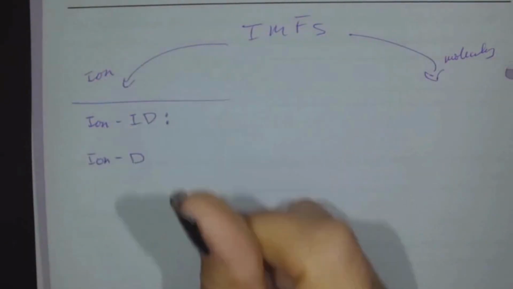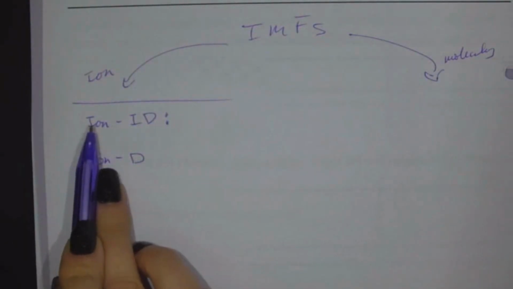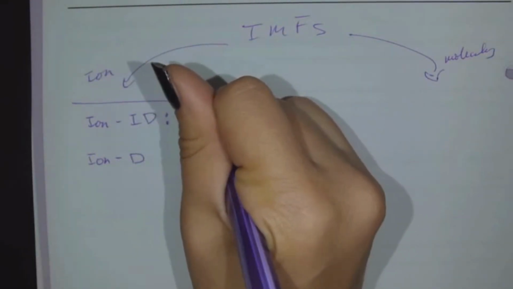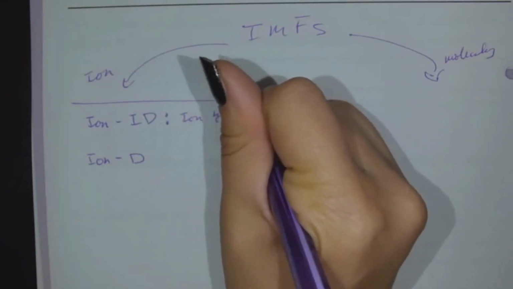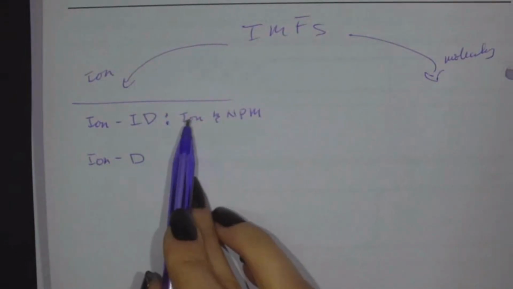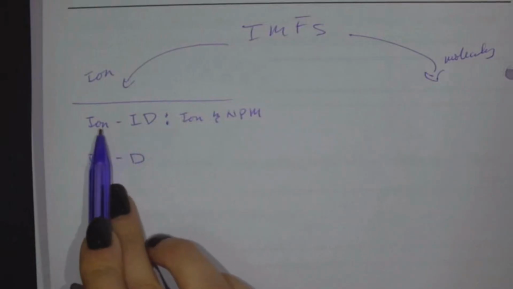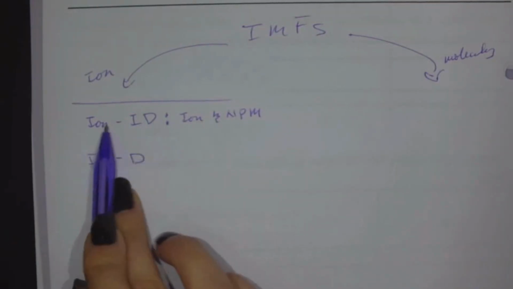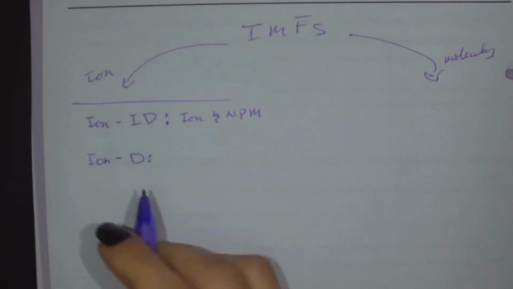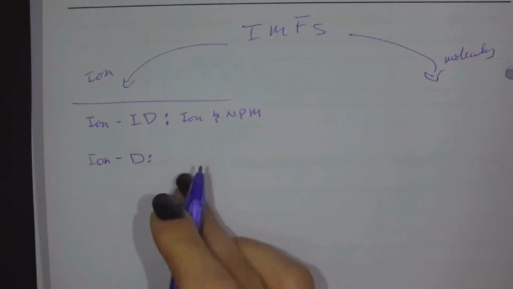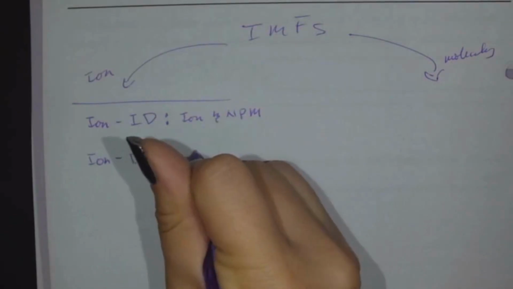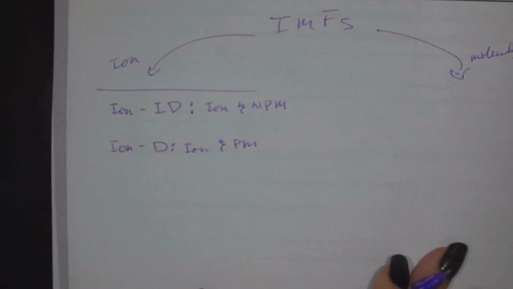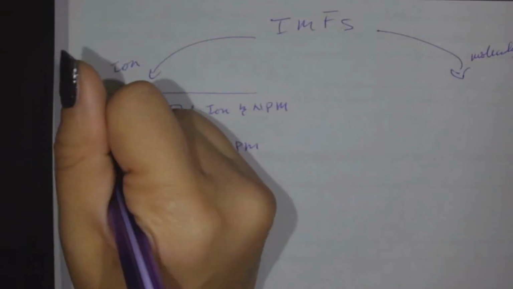And reminder that an attraction between an ion and an induced dipole is an ion and a nonpolar molecule. So if there is an ion and a nonpolar molecule, then there's an ion-induced dipole IMF. Now, an ion dipole IMF involves an ion and a polar molecule. The strength increases going down.